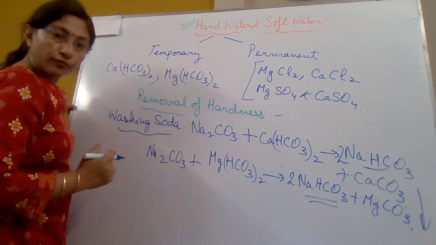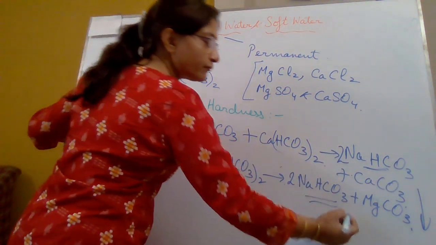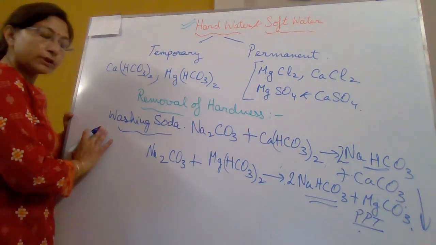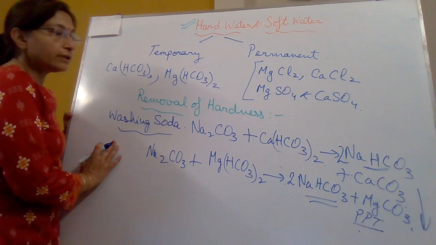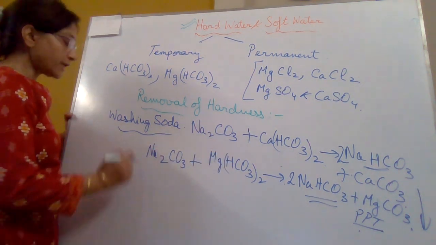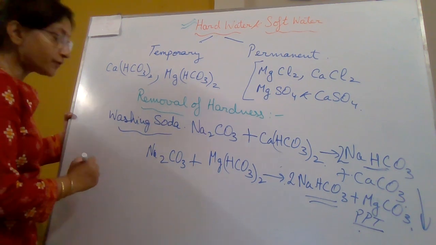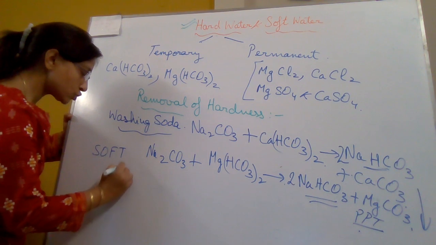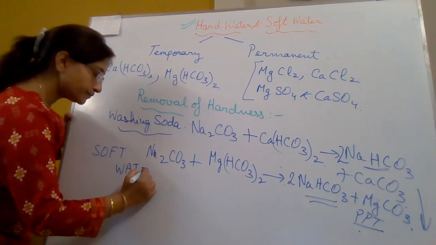the water can be filtered since all of them will settle down as the precipitate. So whatever the sample was, the salts will be removed from it, and the water which is filtered out will be obtained in the form of soft water.